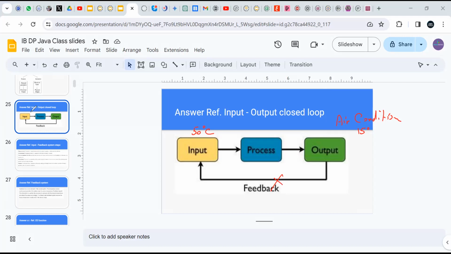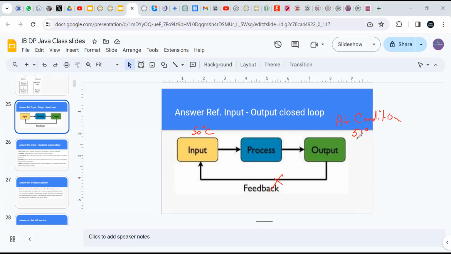Okay, so if we adjusted the temperature, now the temperature is 50, and we instructed the processor to take this and compare it to the preset temperature, and then it output something to cool down and reduce the temperature, but we still see that the temperature goes up a bit.